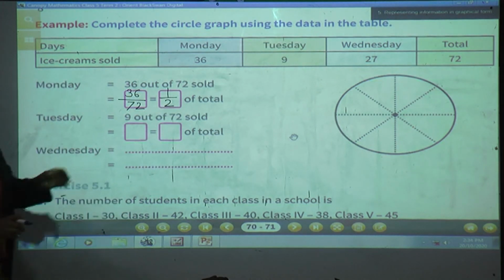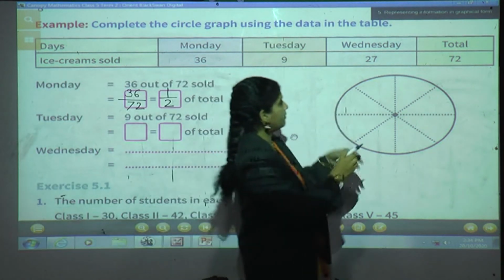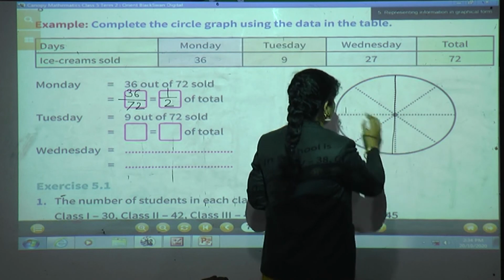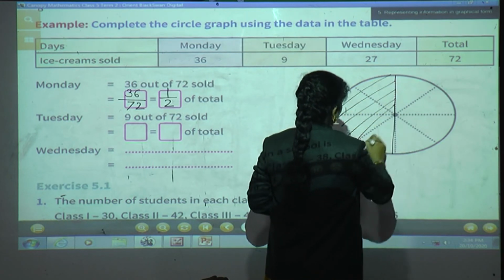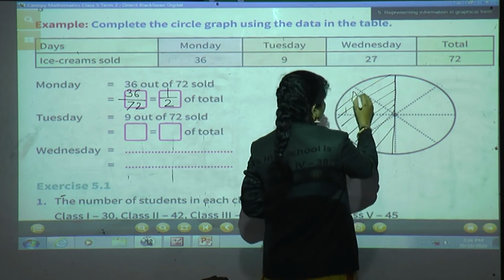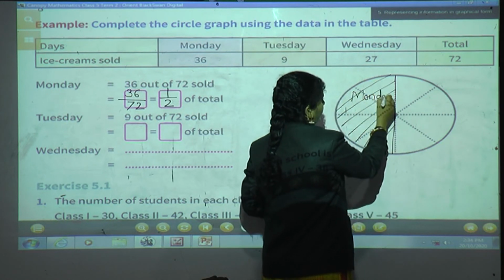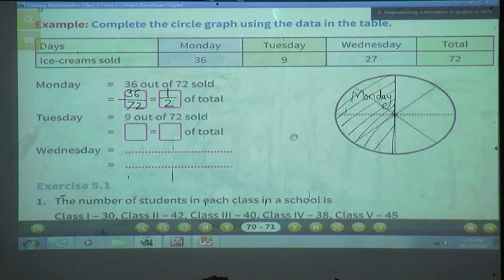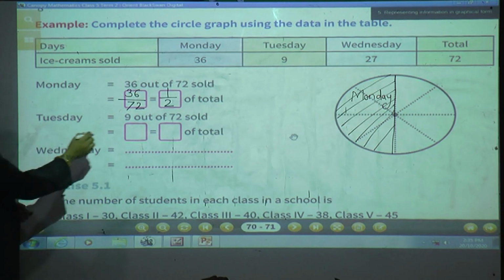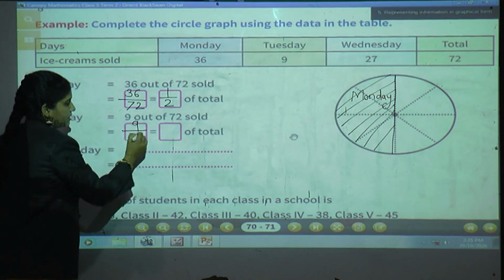So here half of a circle, that means here Monday. Okay. Now Tuesday, 9 out of 72, that means 9 upon 72.